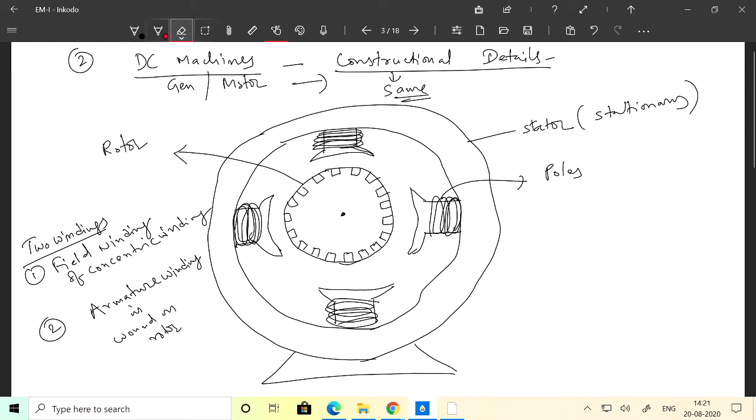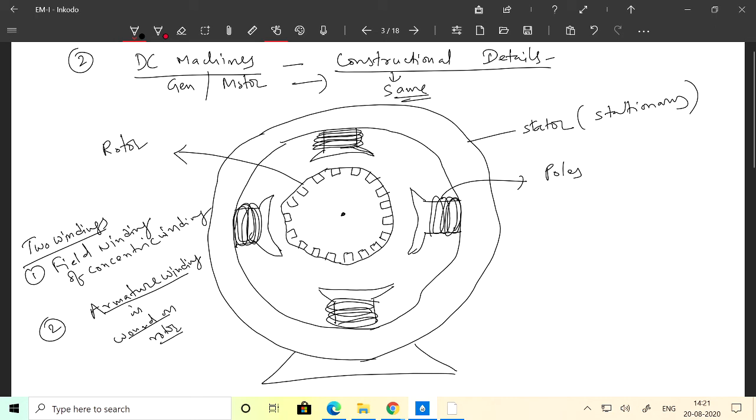Okay, so the armature winding is wound on rotor in these slots.